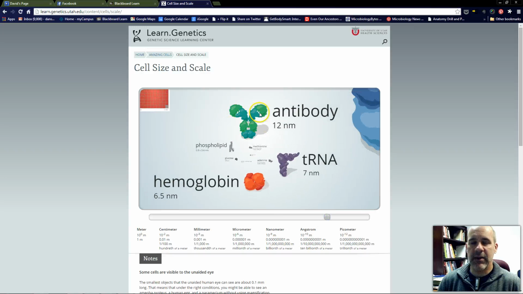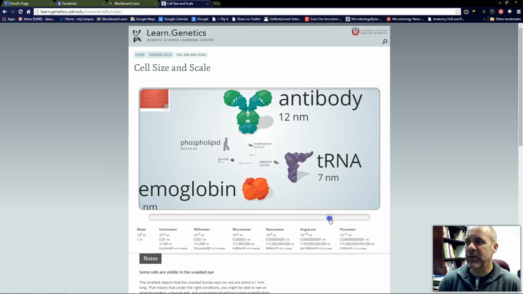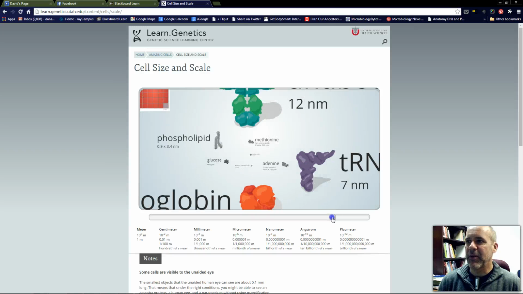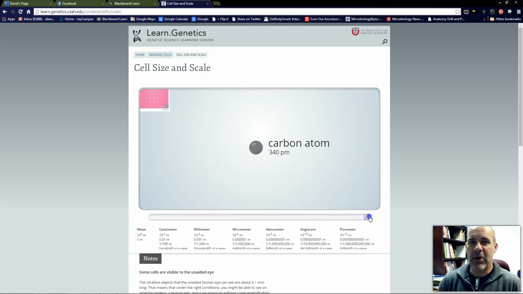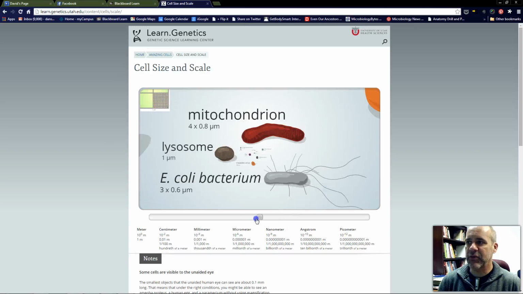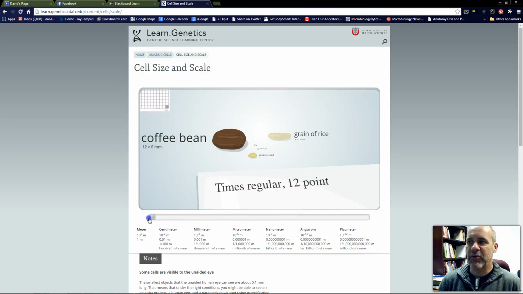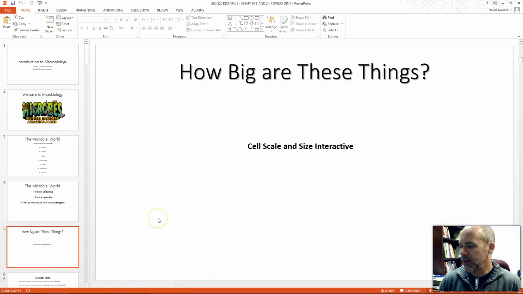There's what an antibody looks like if you talked about those in your Biology 202 course. You know, there's a phospholipid like you have in a cell membrane. There's glucose and a water molecule, and all the way down to a single carbon atom. So it's just trying to give you some perspective about the size of these different things. So that's a good little activity to take a look at and start getting a feel for that.